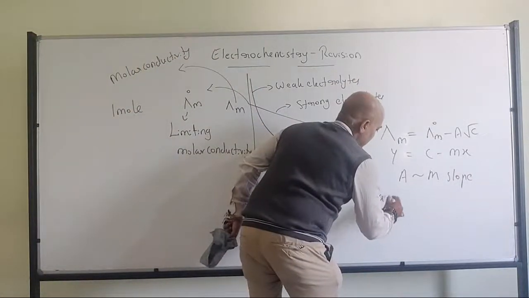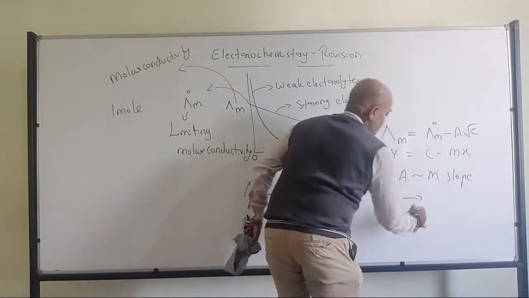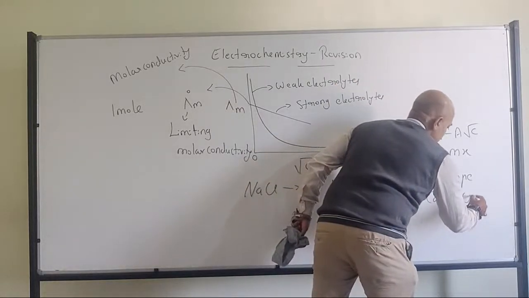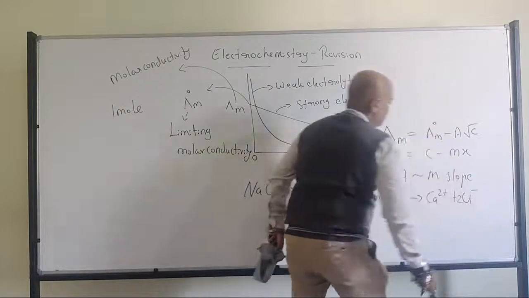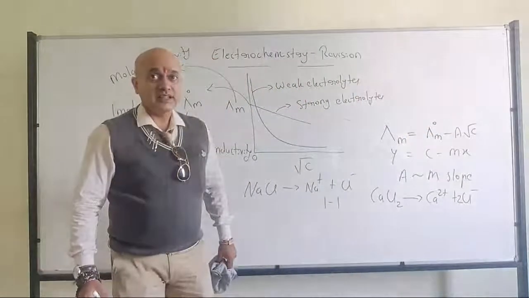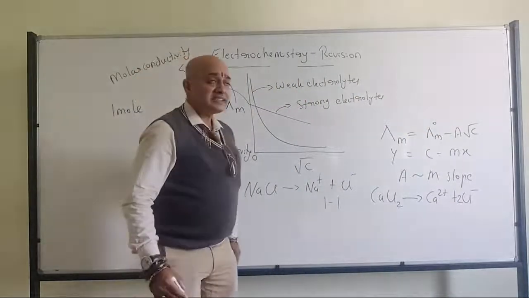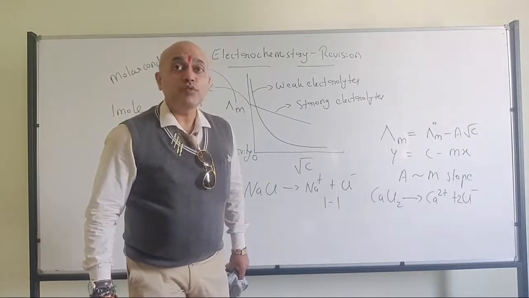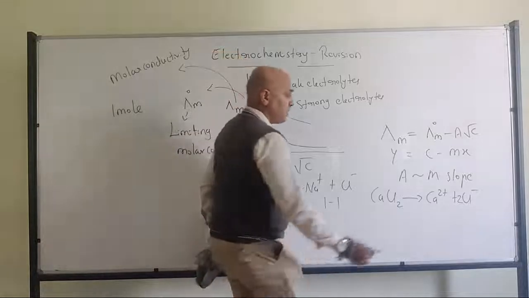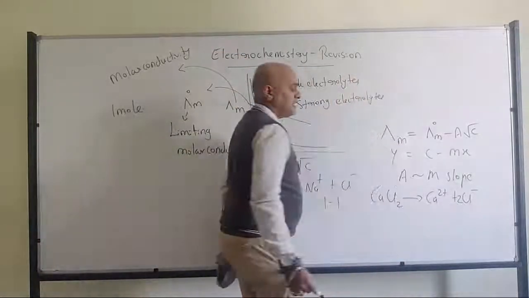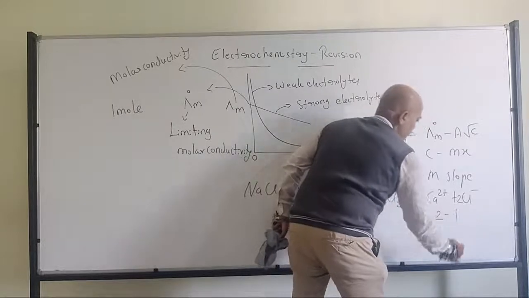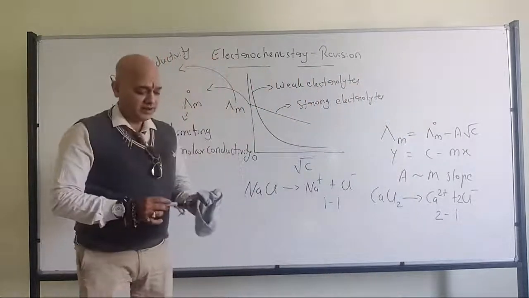If I take calcium chloride, it can be dissociated into a calcium ion and 2 chloride ions, where one ion has 2 positive charges and the other has 1 negative charge. So 2 chloride ions will be required. This is a 2-to-1 type of salt.